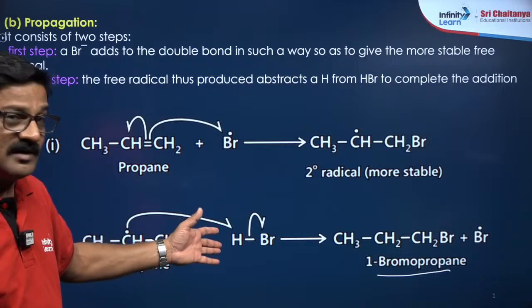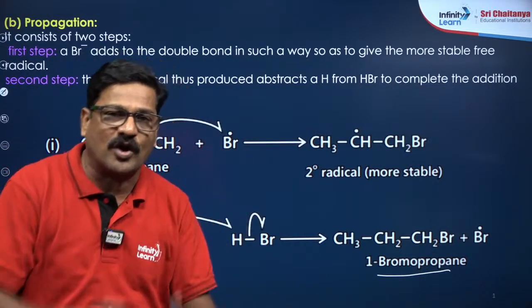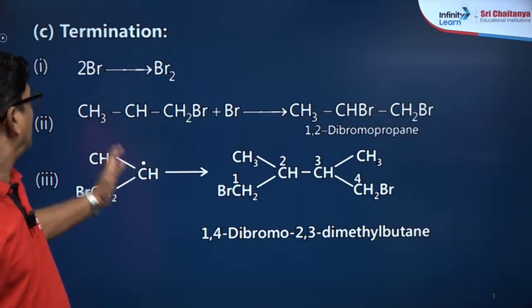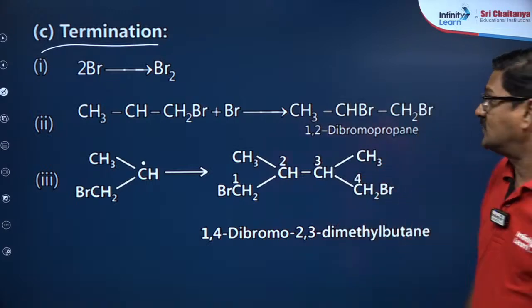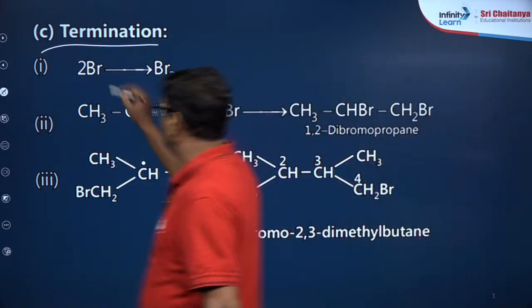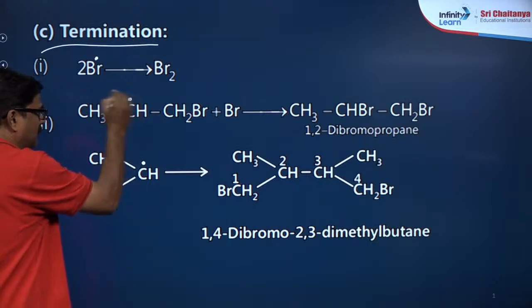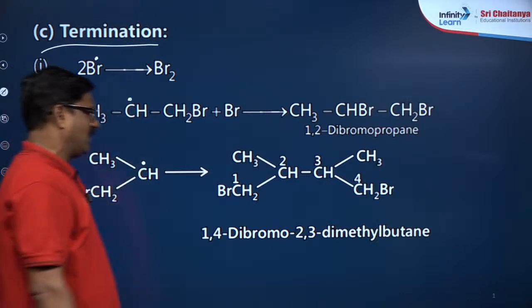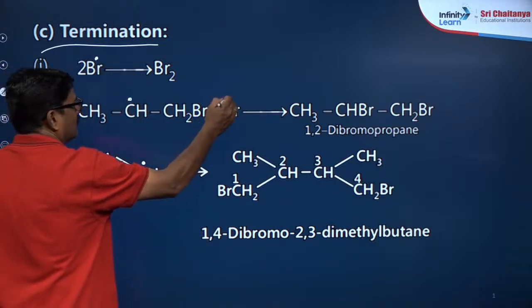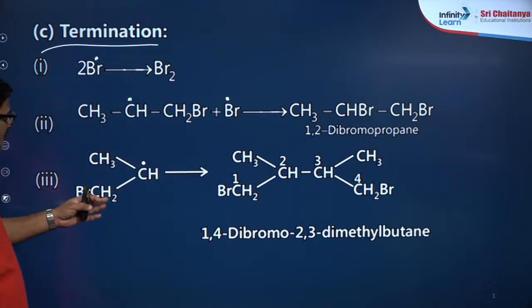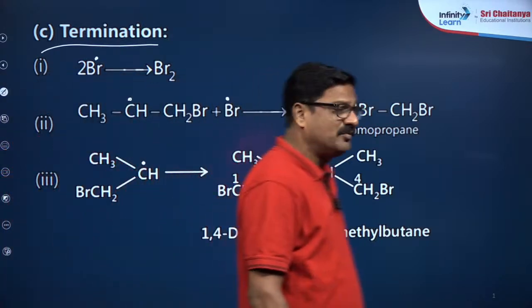Once the product is generated, the remaining free radicals collapse and terminate the reaction. So the third step is termination. In this termination, two bromine free radicals combine to form bromine, and secondary free radicals combine to form 1,2-dibromopropane. Here they can also join to give 1,4-dibromo-2,3-dimethylbutane.